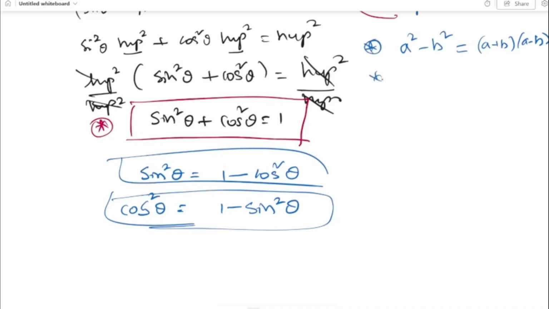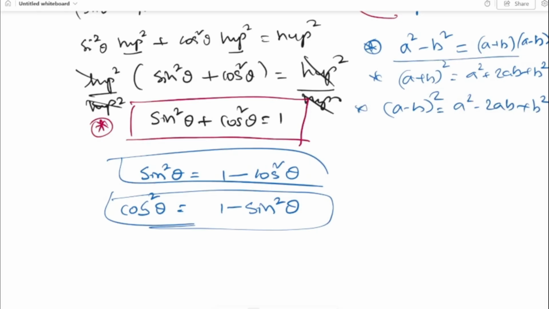Also, a plus b whole square is a square plus 2ab plus b square. A minus b whole square is a square minus 2ab plus b square. All these formulas you should remember, because we don't know when we apply these. I'll show some examples of how these little formulas are applied in trigonometry.